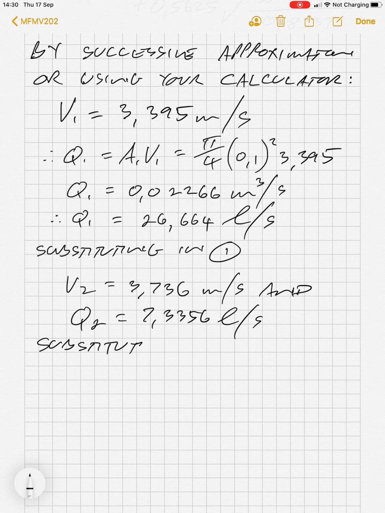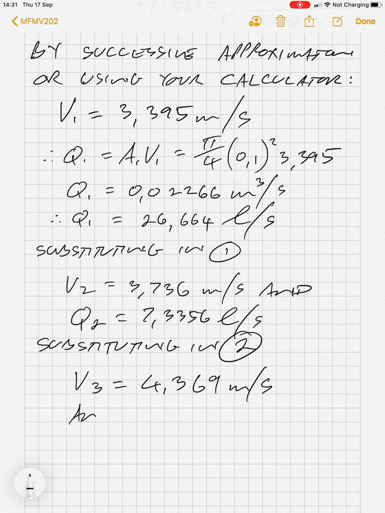Substituting in equation 2, V3 is equal to 4.369 meters per second, and Q3 is equal to 19.328 liters per second.